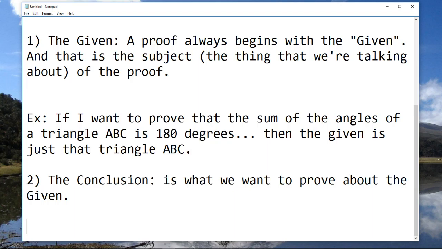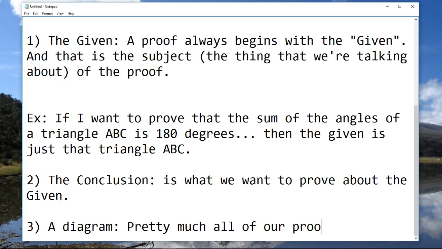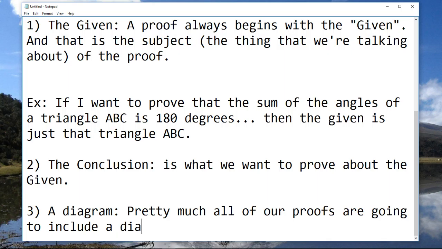The other part, which maybe should be 2, is a diagram. So pretty much all of our proofs are going to include a diagram. That means some drawing.